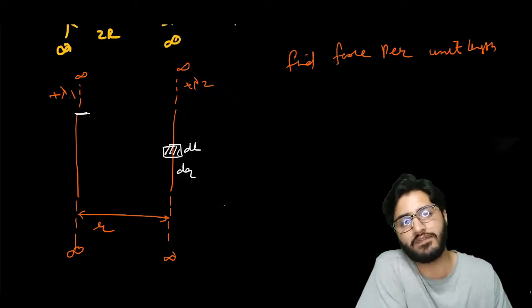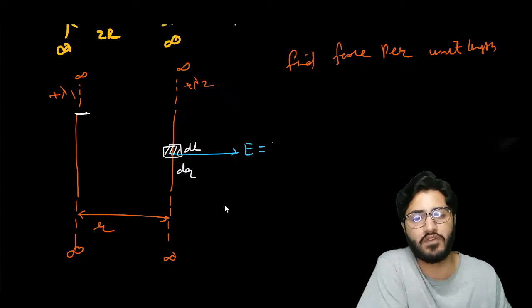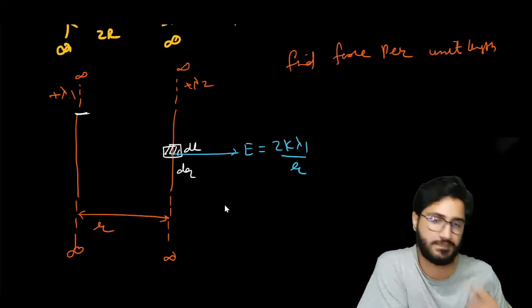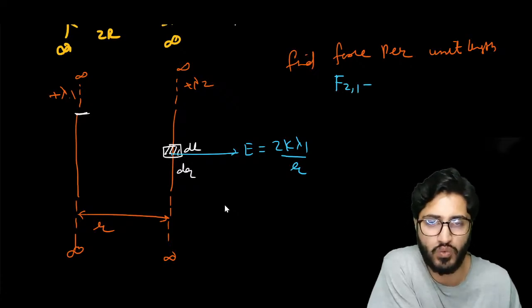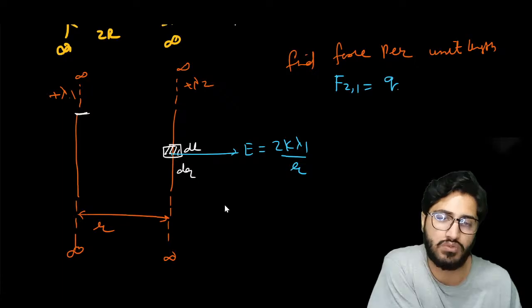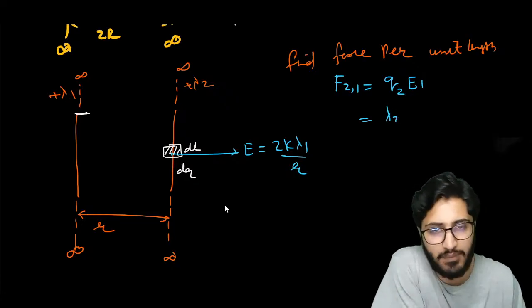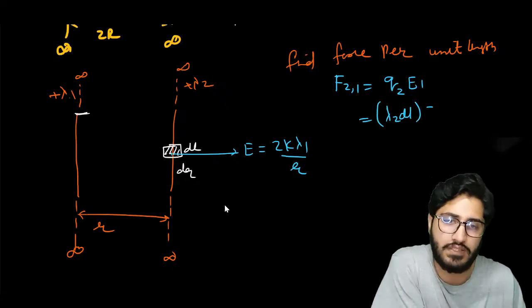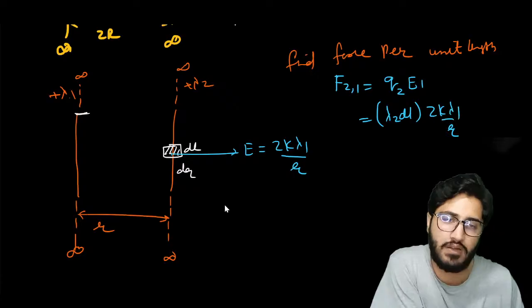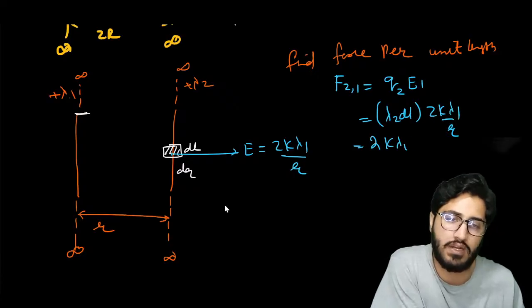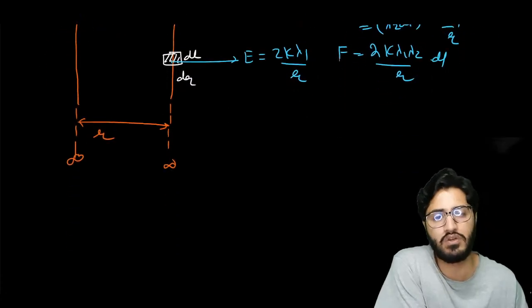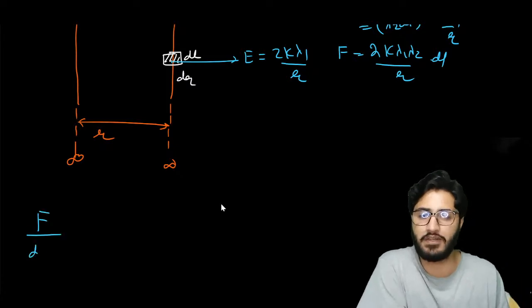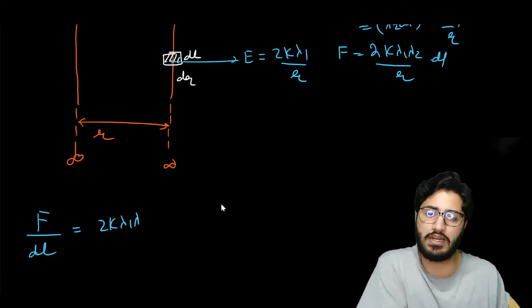Due to this rod, the electric field will be outwards and equal to 2k lambda 1 divided by r. Force on 2 due to 1 equals charge q2 times the electric field due to 1. q2 is lambda 2 into dl, and E1 is 2k lambda 1 by r. So I can write f equals 2k lambda 1 lambda 2 divided by r into dl. So f divided by delta l is equal to 2k lambda 1 lambda 2 divided by r.